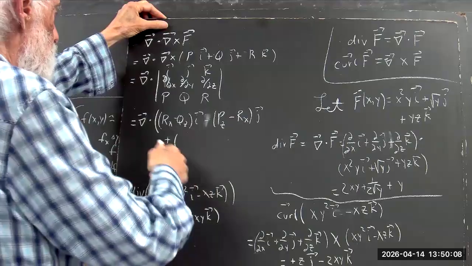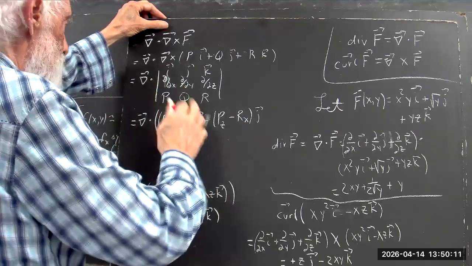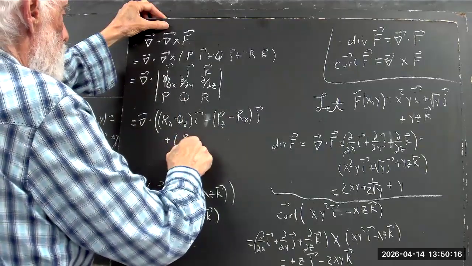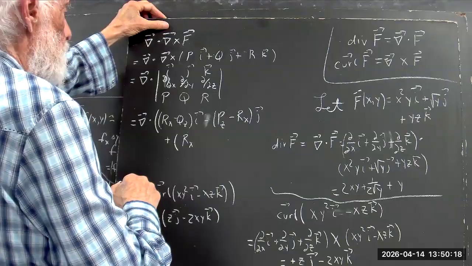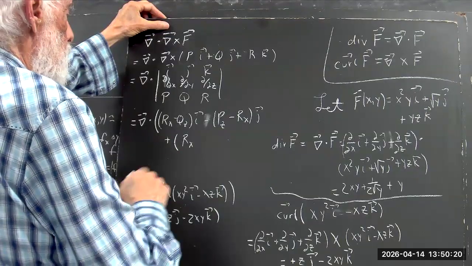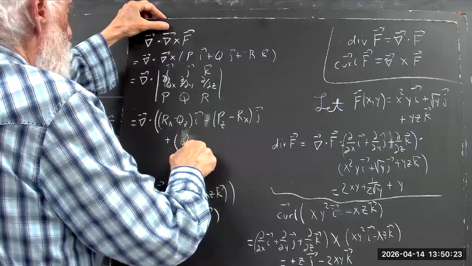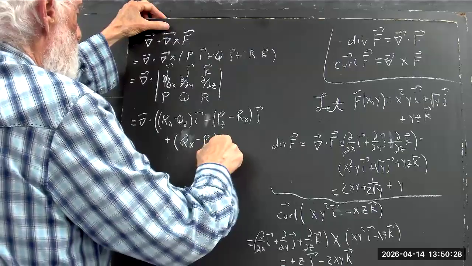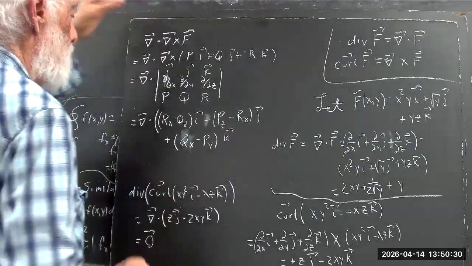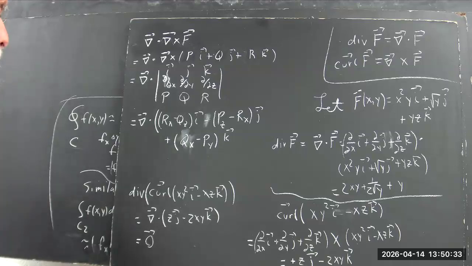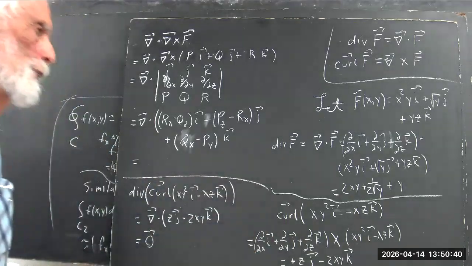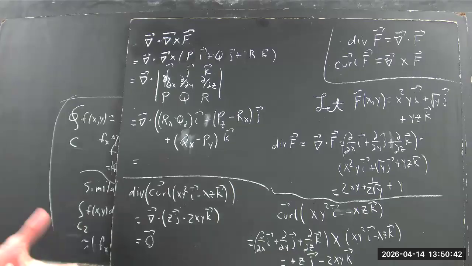Plus, I've got to get the signs right, it's going to get screwed up and my eyes aren't working right. k times Q x minus P y. I think those are right. And if they aren't, you can write them out more carefully than I just did.